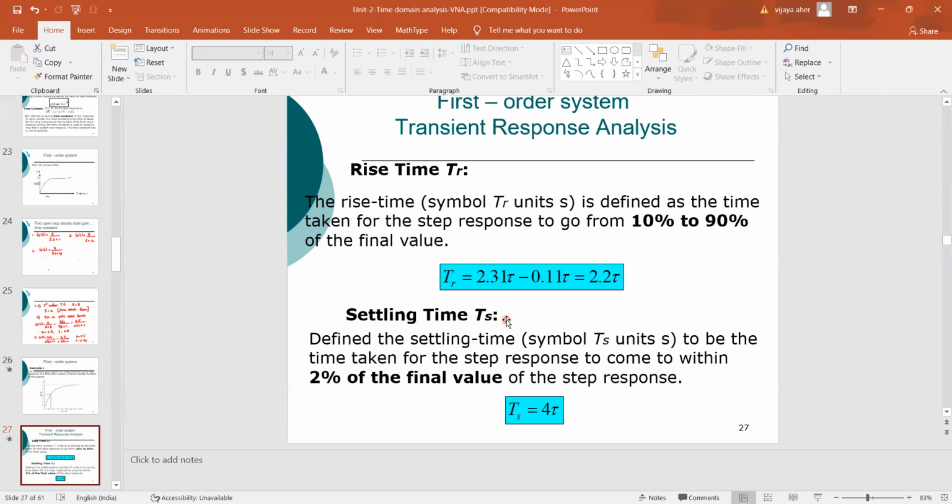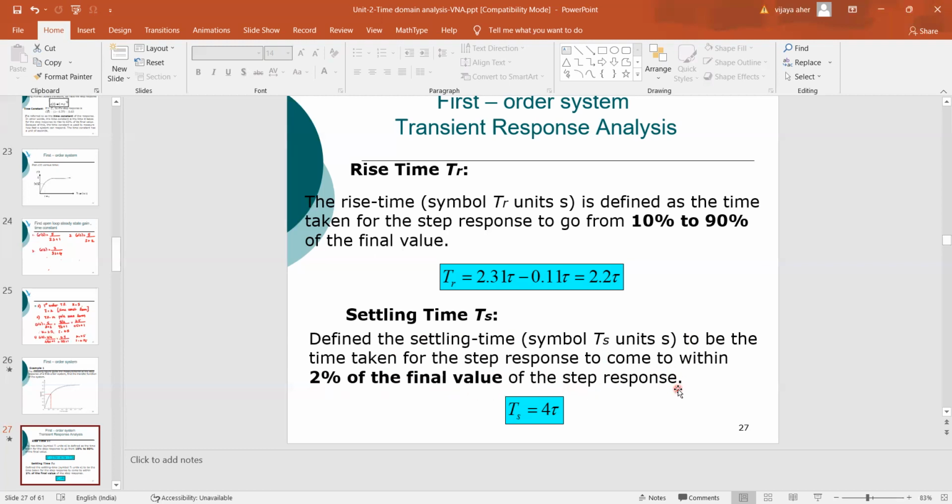The next parameter from the transient response is settling time, denoted by capital T suffix S. Again the unit is second, and the symbol is TS. Settling time is defined as the time taken for the step response to come to within 2% of its maximum or final value.